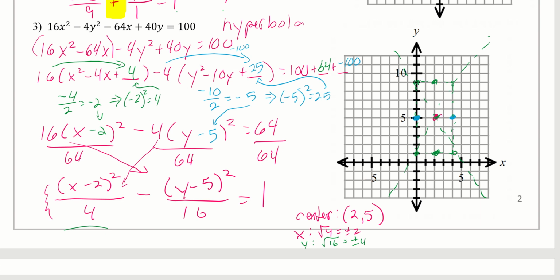So the opening will be kind of facing, I don't know how you would say it, like eating the x-axis or something like that. So my hyperbola here is going to go like this, follow the asymptote, touch that, in this case, that A value, and then go that direction. So kind of go like this. That is what our hyperbola looks like.